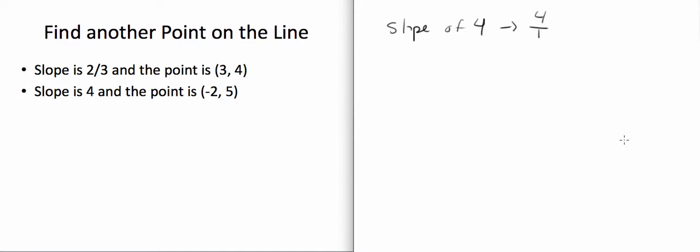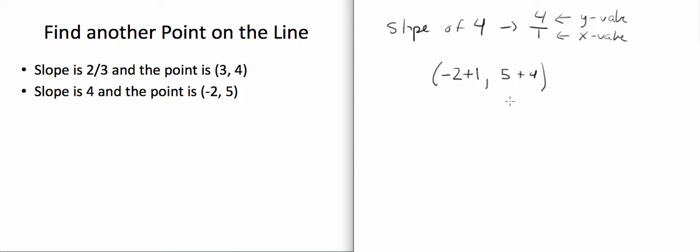So 4 is my y value. This is my x value. So with the point -2 and 5, we're taking -2 and we are adding 1. And we are taking 5 and we are adding 4.